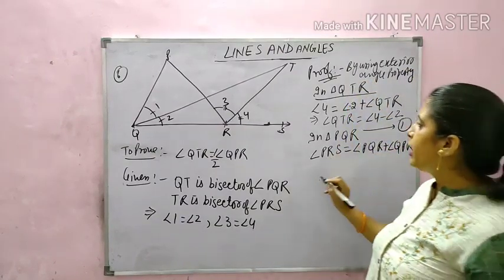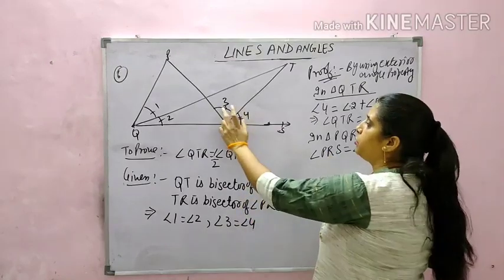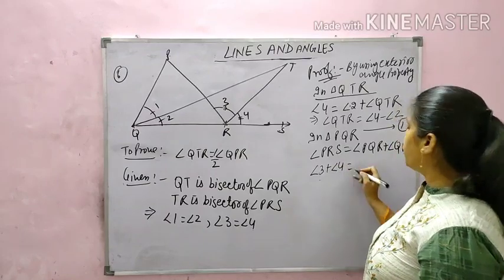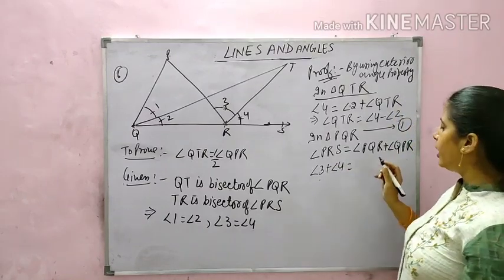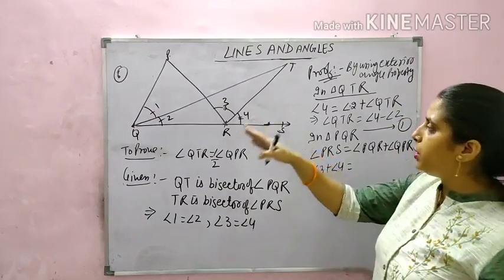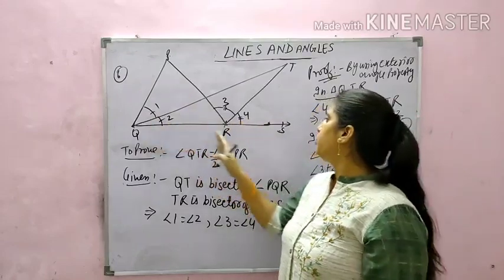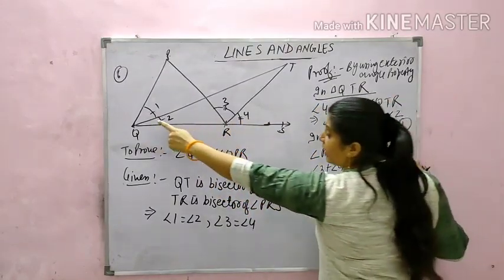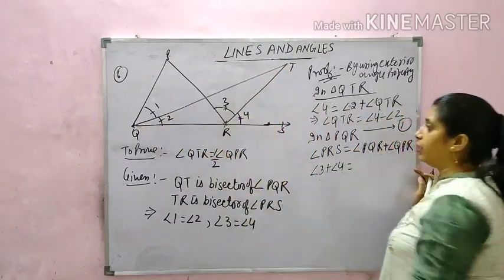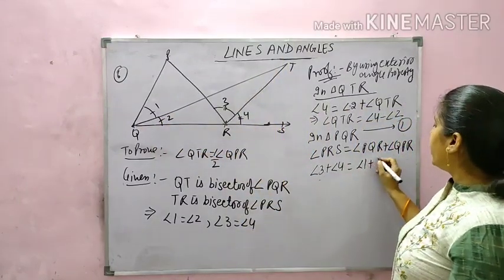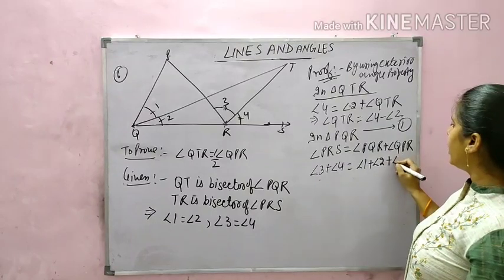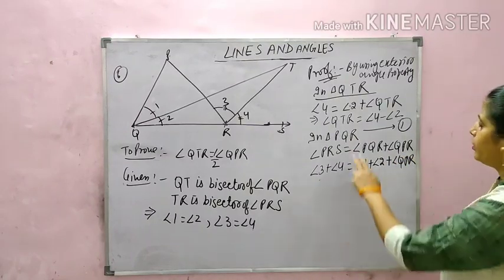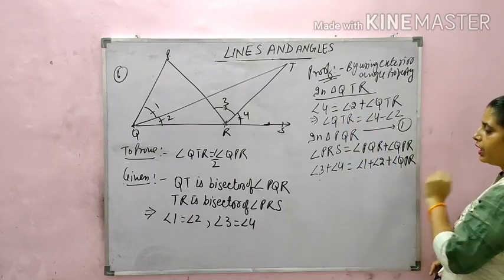Now angle PRS is made up of two angles, angle 3 plus angle 4. Angle PQR also has two angles, because PQR is bisected by QT. Clear? Then angle 1 plus angle 2 plus angle QPR. Okay? Because we have to find out the relation between QTR and QPR.